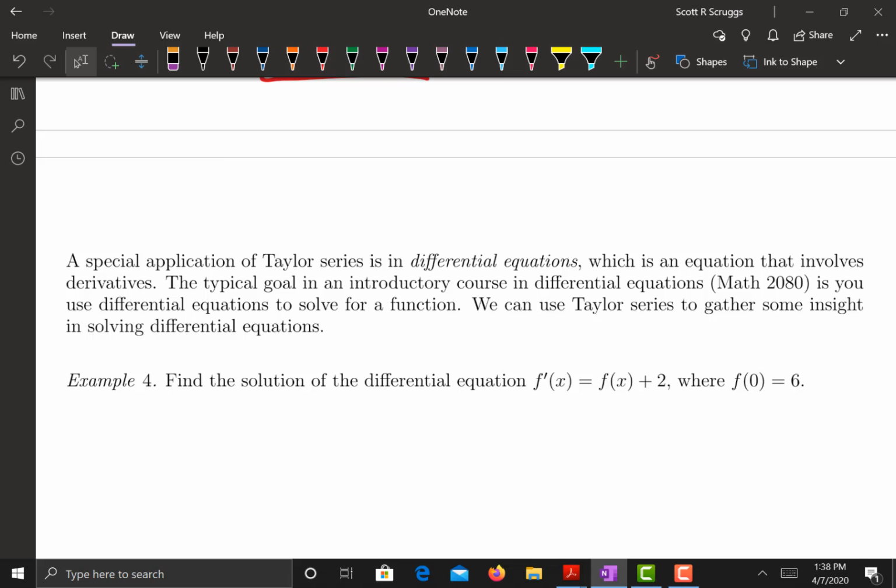But essentially, a differential equation in a nutshell is a system of equations where I have derivatives in them. One basic example of a differential equation is I could say the first derivative of y has to equal y squared. Something like that, and then I'll have to use that to figure out what I need to do to solve for it.